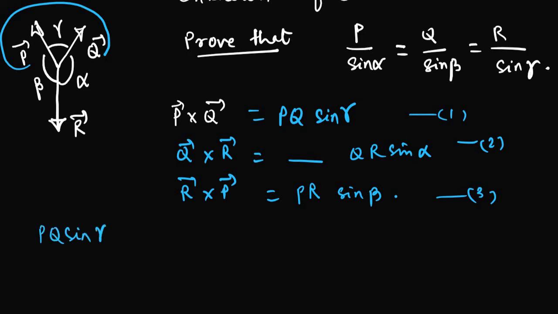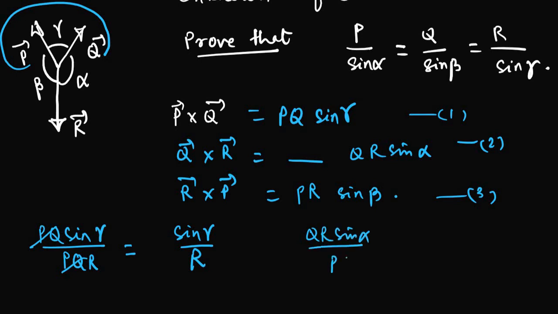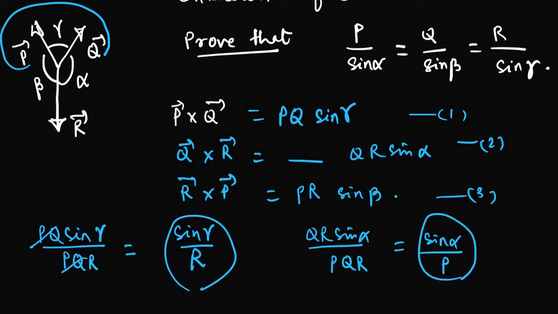PQ sine gamma by PQR would be sine gamma by R. Similarly, if I divide QR sine alpha by PQR, it would be sine alpha by P. And another value we will get is sine beta by Q.